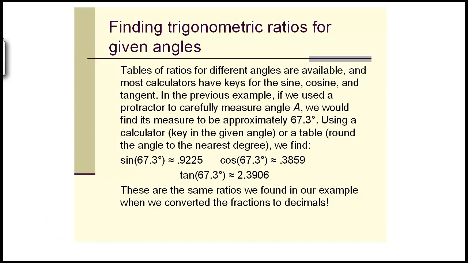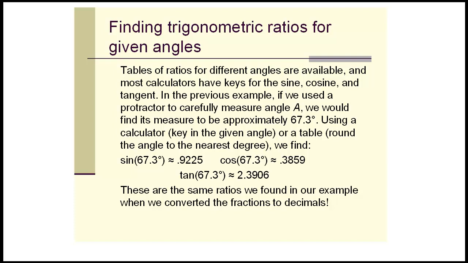Finding trig values for given angles. Tables of ratios for different angles are available, and most calculators have keys for sine, cosine, and tangent. In previous examples, if we used a protractor to carefully measure angle A, we would find its measure to be approximately 67.3 degrees.